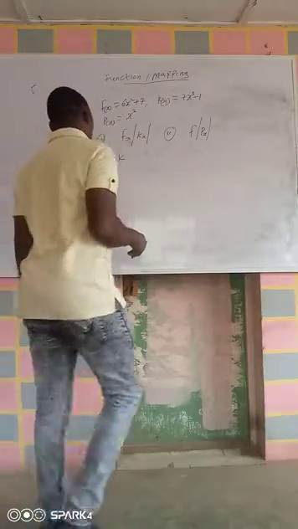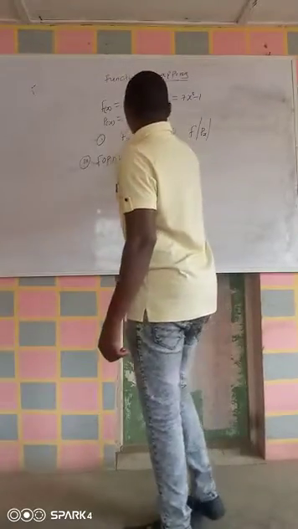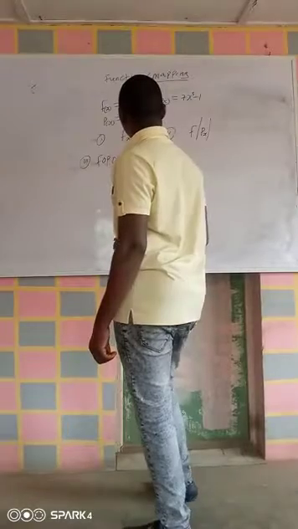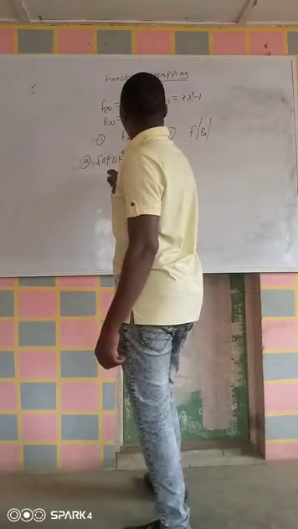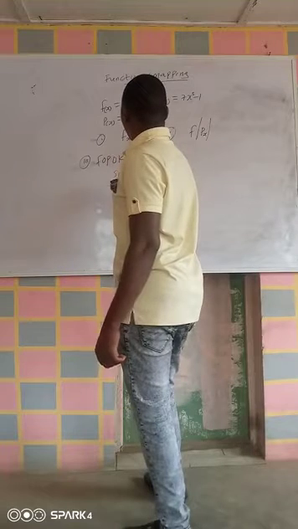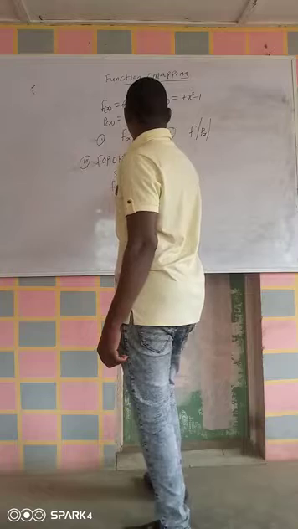So the first question is f of k of s. Carry this k of s and substitute it for s in f of s. F of s equals 6s squared plus 7.